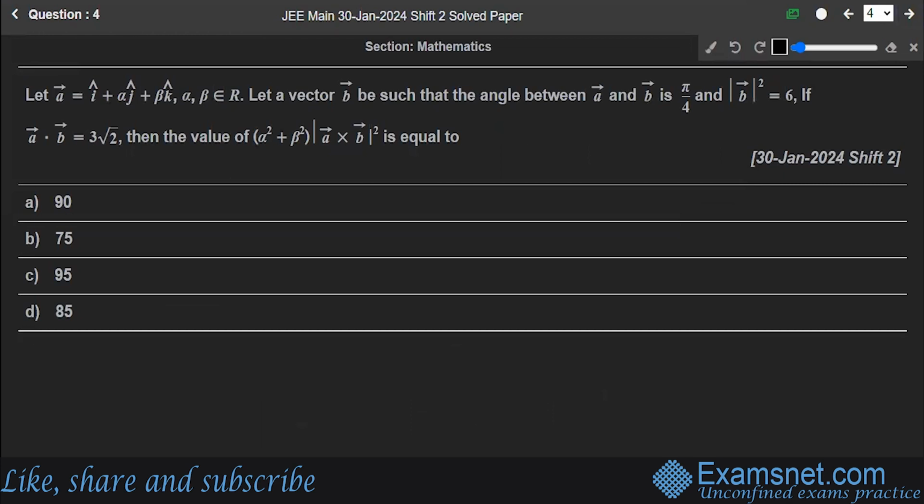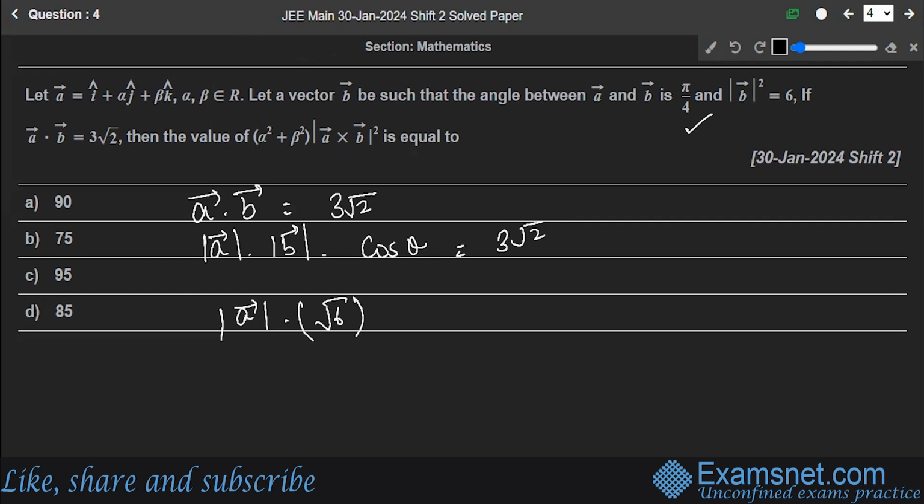You have the dot product of the two vectors to be 3 root 2. What is dot product? Magnitude of a, magnitude of b, cos of angle between them is equal to this. You are given that the angle between them is pi by 4. So magnitude of b square is given to you. I don't know about a. So let's write down this is a. b will be root 6, b's magnitude, because b square is equal to 6.